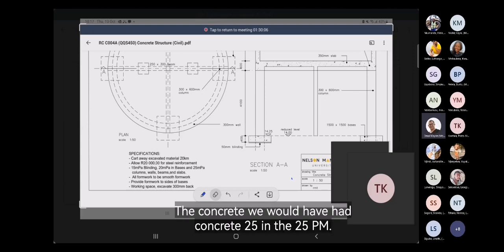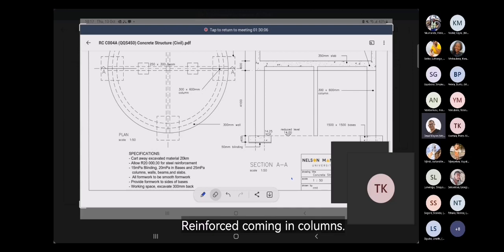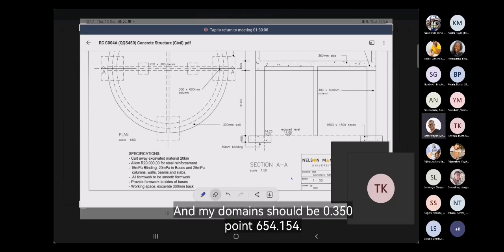So the concrete would be 25 MPa reinforced concrete in columns, and my dimensions should be 0.3 by 0.6 by 4.1 by 4.